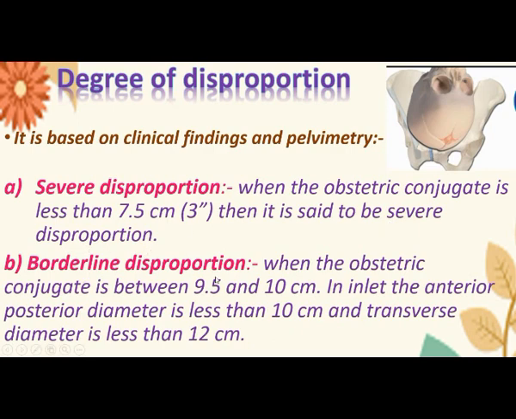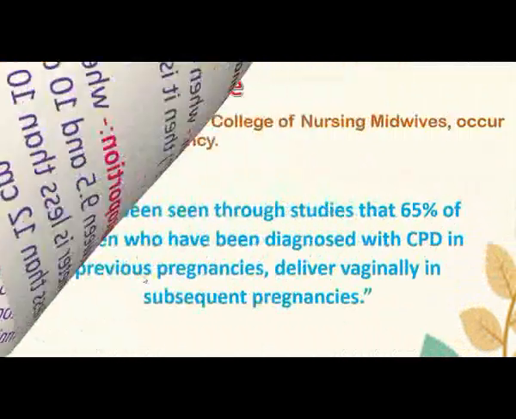Then borderline disproportion, when the obstetrical conjugate is between 9.5 to 10 cm. At the inlet, the anterior posterior diameter is less than 10 cm and the transverse diameter is less than 12 cm. That is a borderline disproportion.